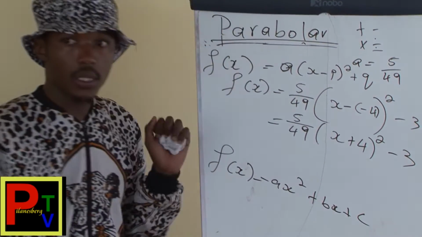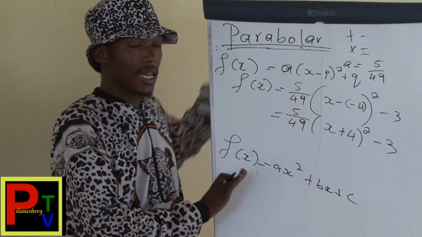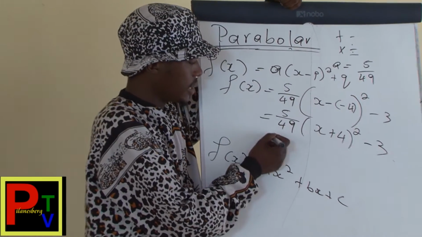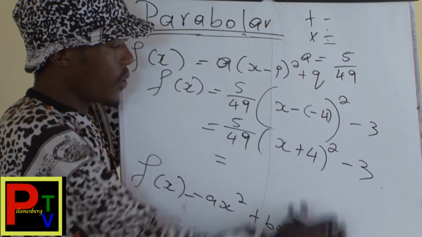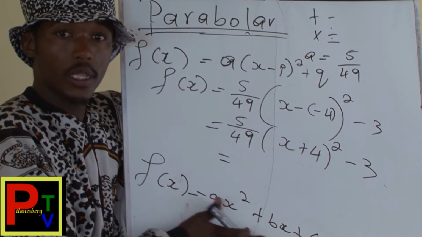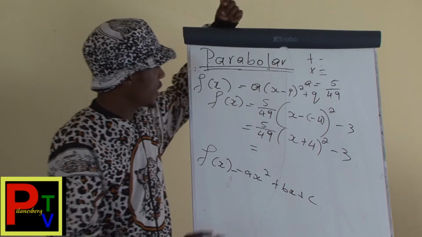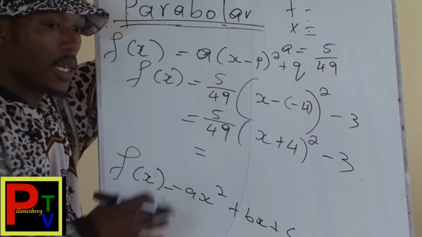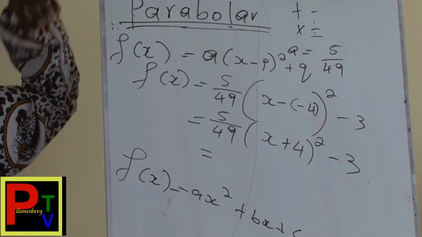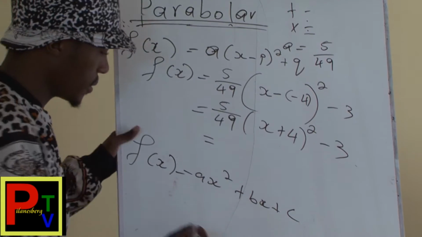It will depend on the question and how it is arranged. But then you can just continue here. You break the brackets, then you multiply throughout. Remember that here we are given the turning point for this one. Then what happens if you're not given the turning point? The information is different.